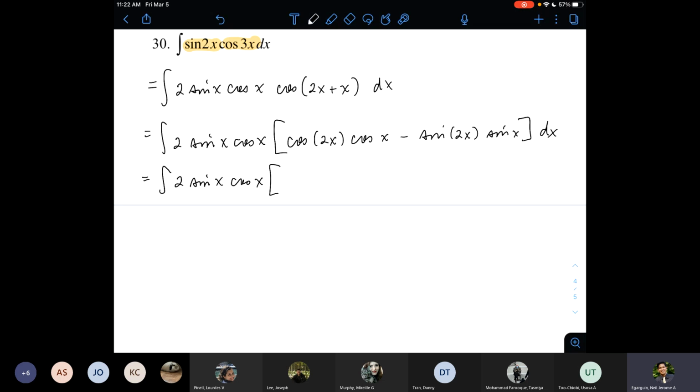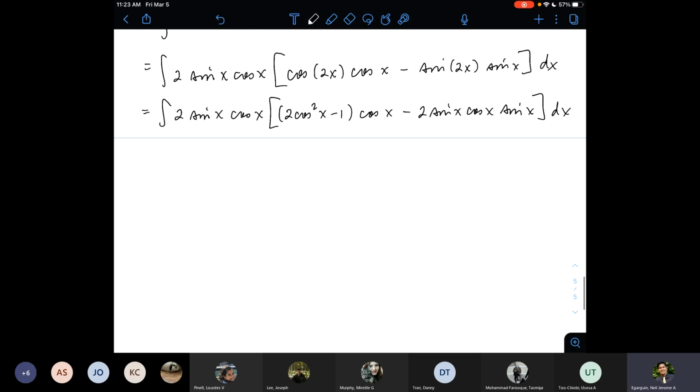So you see that cosine 2x has 3 expansions. So I guess the more useful one is to write cosine 2x again as 2 cosine squared x minus 1. Then we'll have a cosine x over here. Minus sine 2x again is 2 sine x cosine x sine x dx.